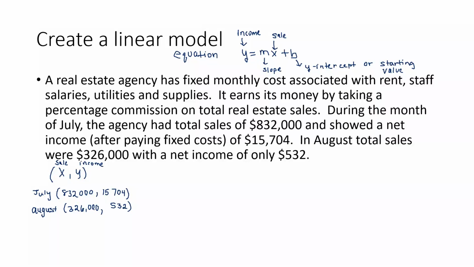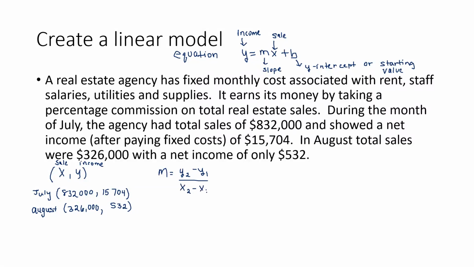Well, since I have two ordered pairs from reading the question, I am going to use them to calculate slope. So I know that m, the slope, is found by subtracting the y values, the change in y, over the change in x.